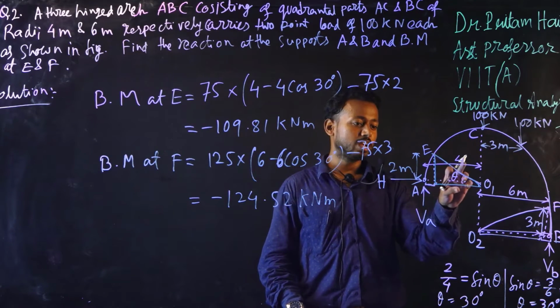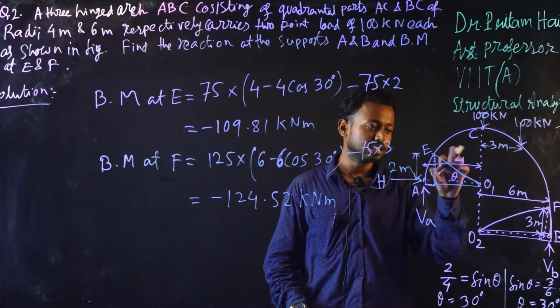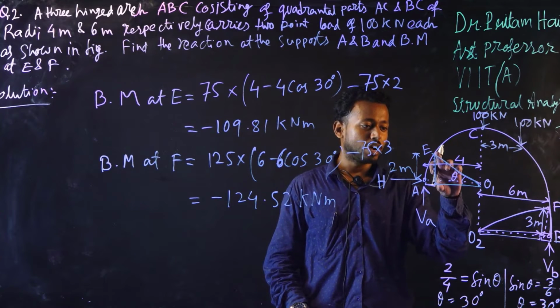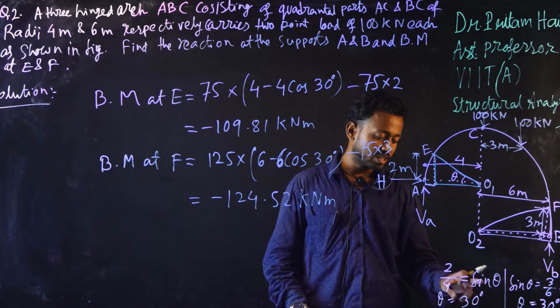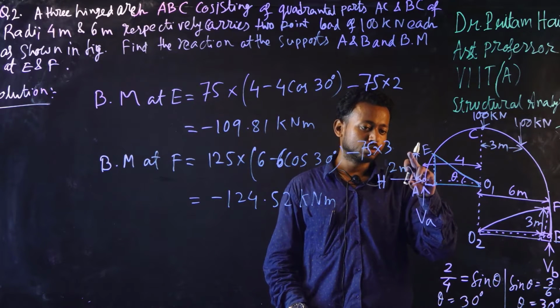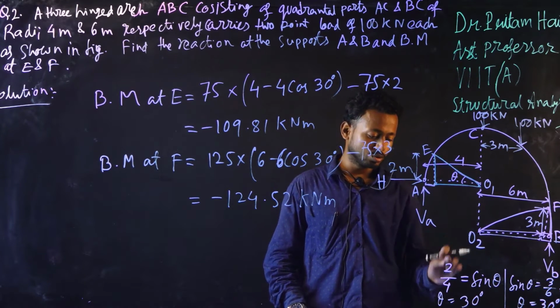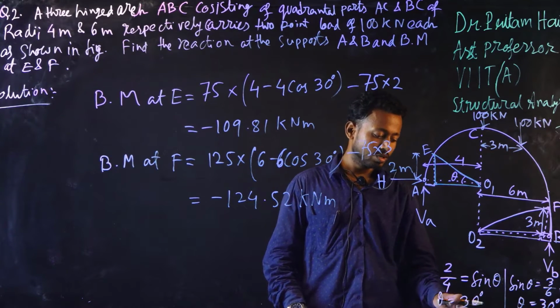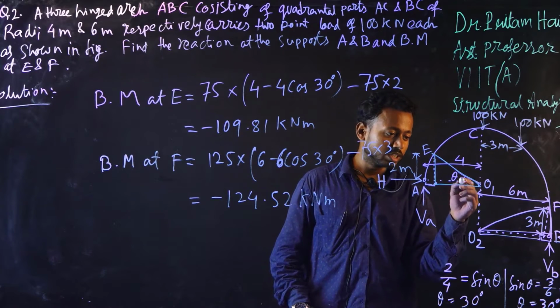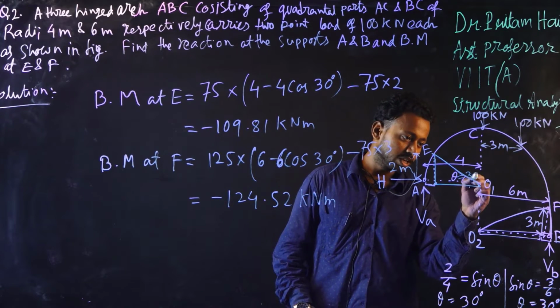So from this triangle we can write this is height and this is hypotenuse. So height by hypotenuse equals sin theta. So sin theta equals, height is 2 and hypotenuse is 4, so 2 by 4. So theta equals 30 degree. You have found out theta equals 30 degree.